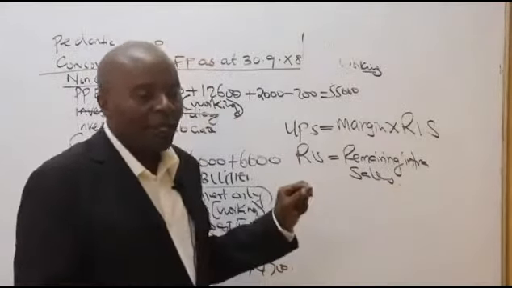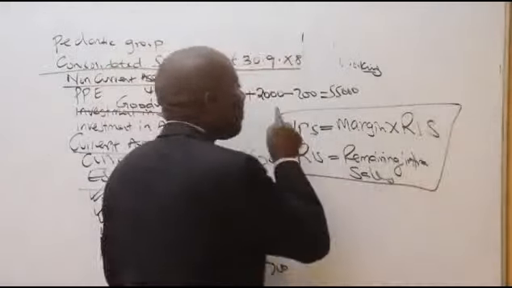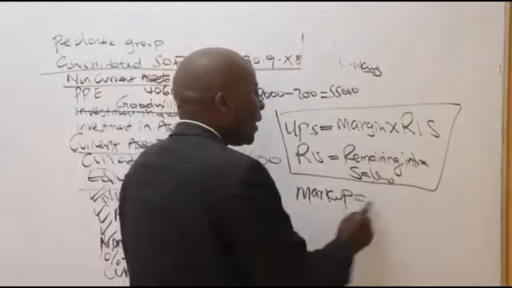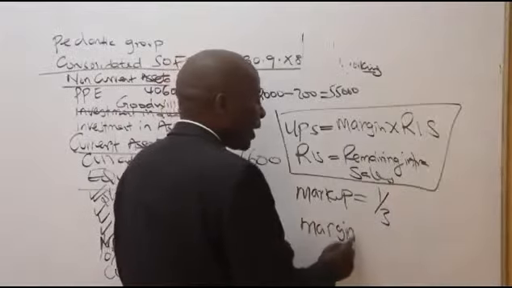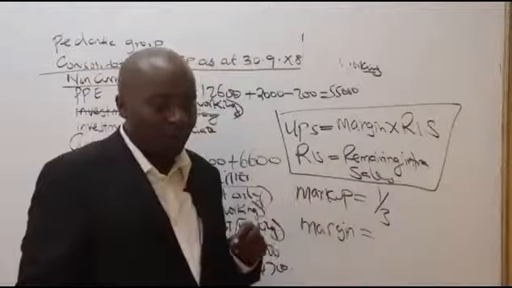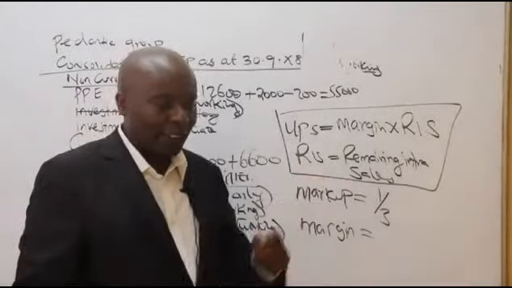Now, ladies and gentlemen, that examiner is very foolish. Instead of giving me the profit margin, he gives me the markup. If he gives me a markup of a third, what will be the margin from your management accounting information? If markup is a third, the profit margin will be what?